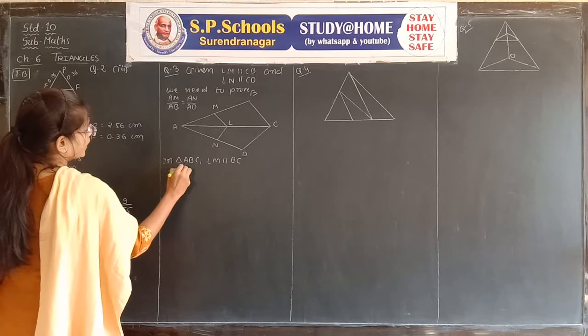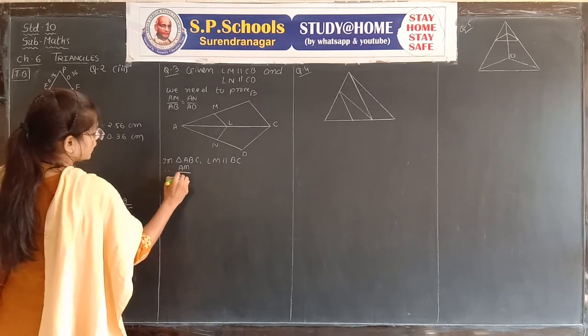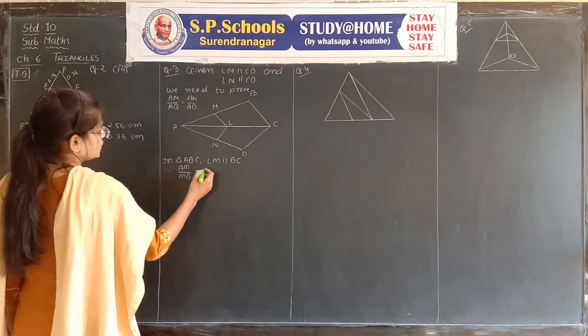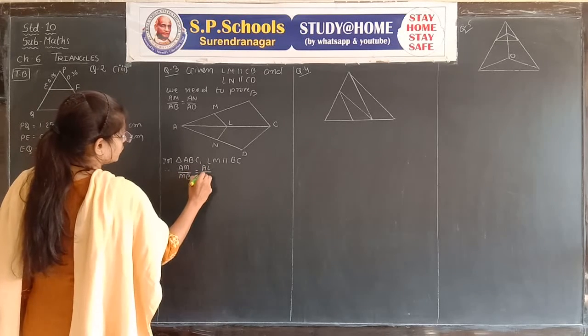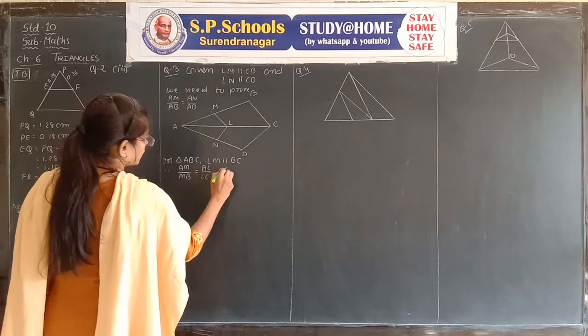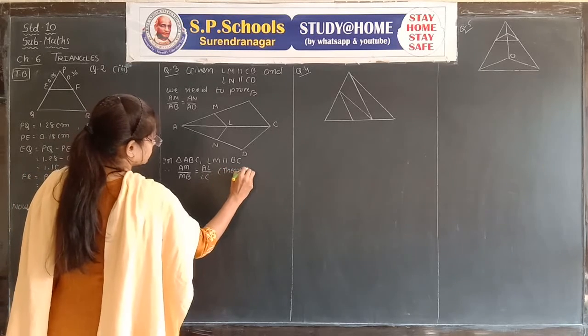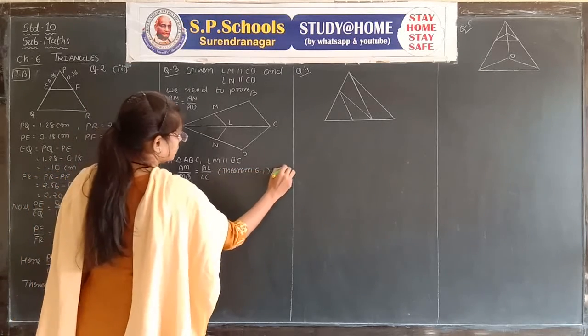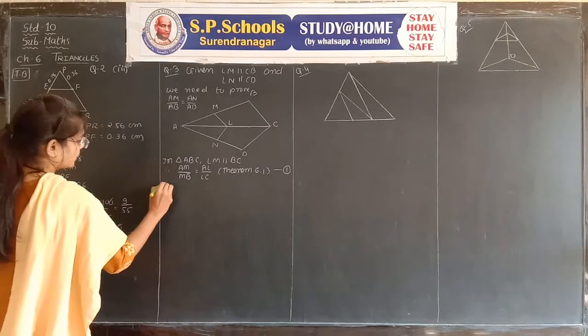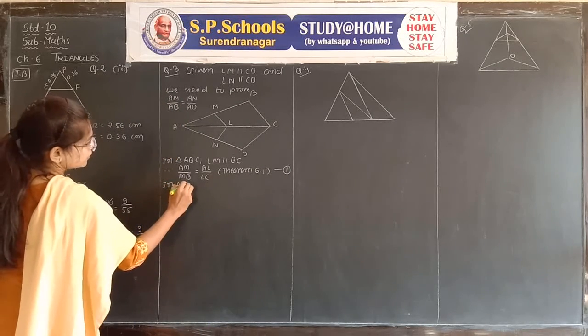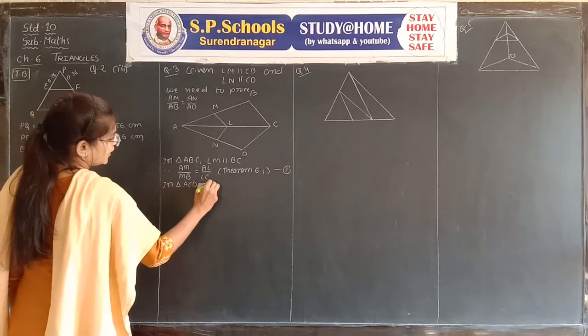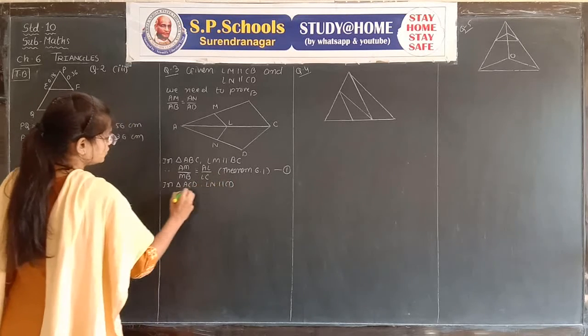Therefore, AM upon MB is equal to AL upon LC. Theorem 6.1, result number 1.